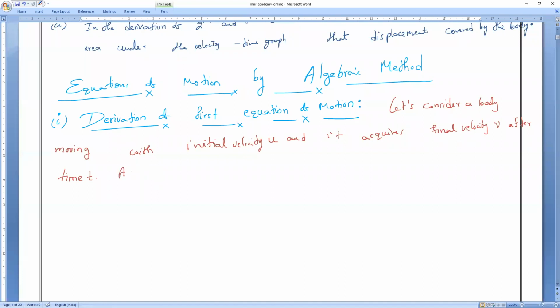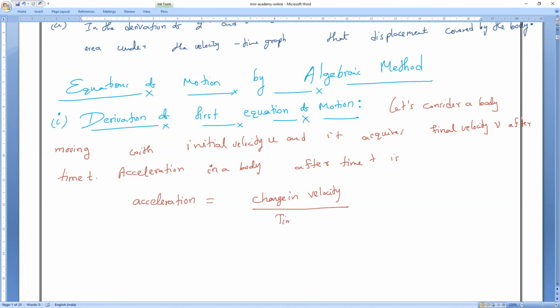So can you tell me what is the acceleration of the body after time t? Acceleration equals change in velocity divided by time taken.